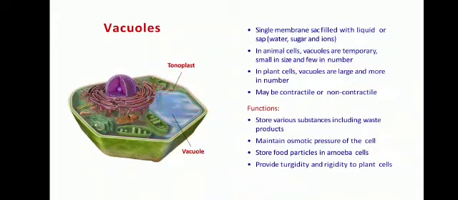They may be contractile or non-contractile. The main functions of the vacuole are: it stores various substances including waste products within the cell. It maintains the osmotic pressure of the cell, and also stores food particles in amoeba cells. It provides turgidity and rigidity to the plant cell.